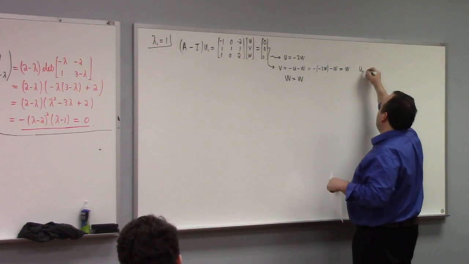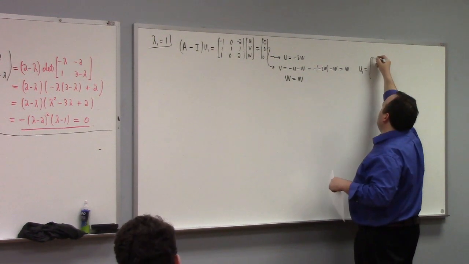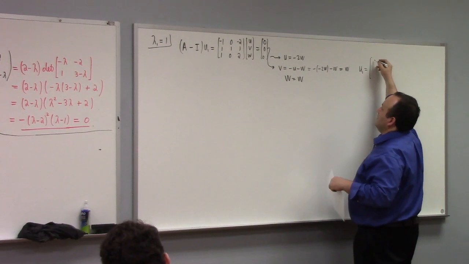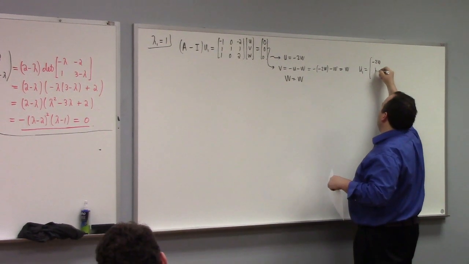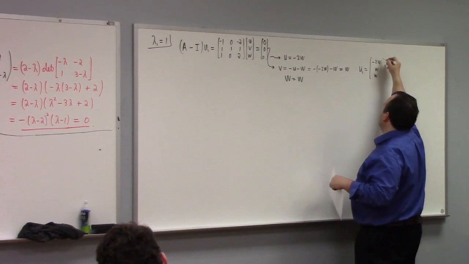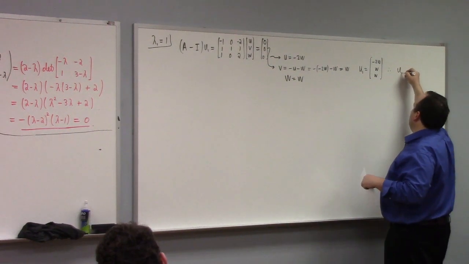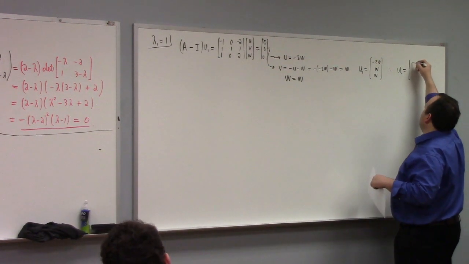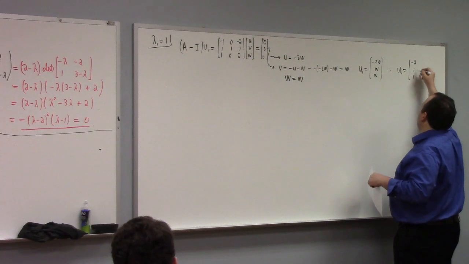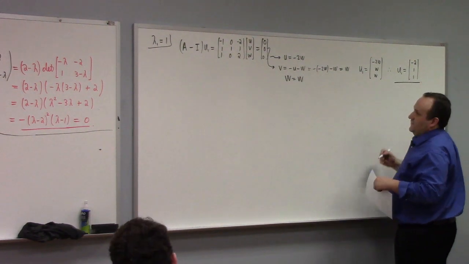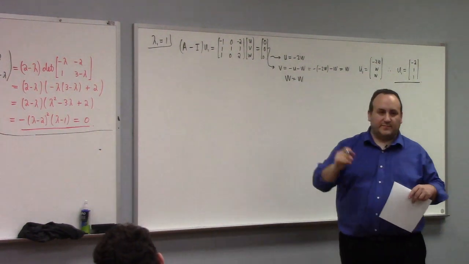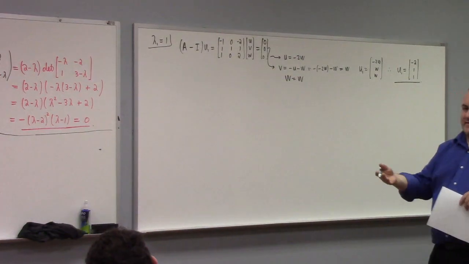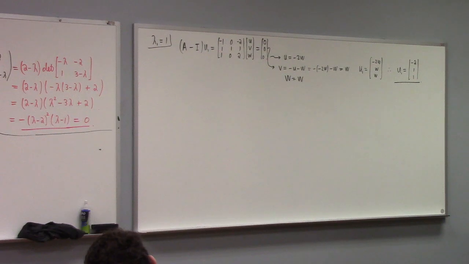Stupid, but important. So U1, which is UVW, is actually minus 2W, W, and W. So therefore, I'm going to let U1, because I'm looking for a specific choice here, be minus 2, 1, 1. If I was to write the full instructions for this problem, they are: find an eigenbasis for A. All right, let's find an eigenbasis for A. So there's one thing down.